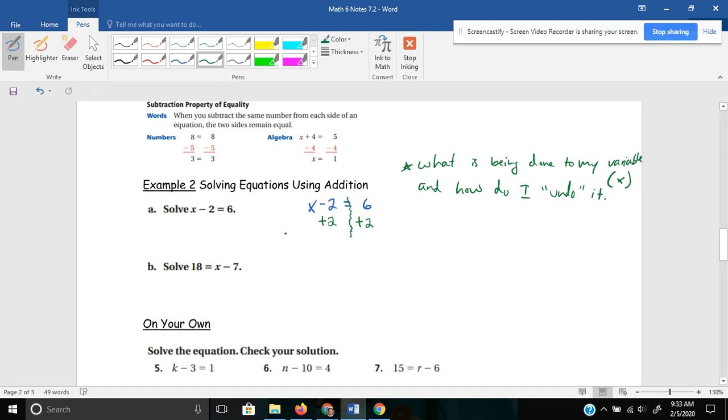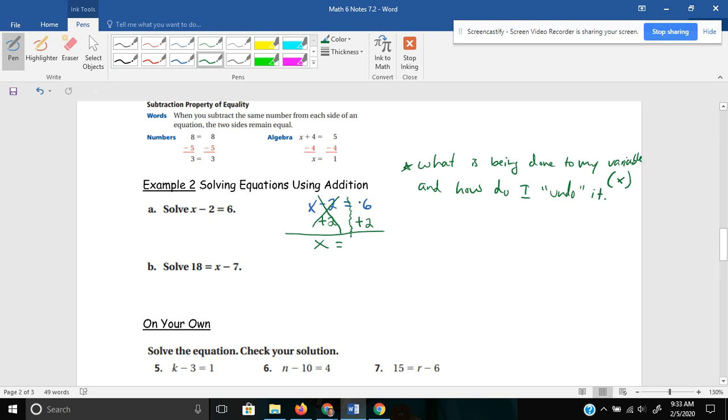Now let's look and see what we've got. I have subtracting 2 and adding 2. Those are opposites and they will cancel out. And notice now I'm just left with my x on the left-hand side, which is exactly what I want. I want to isolate my variable so that I can figure out what its value is.